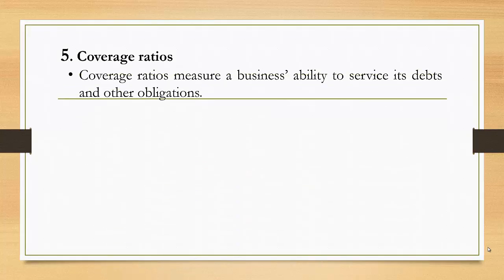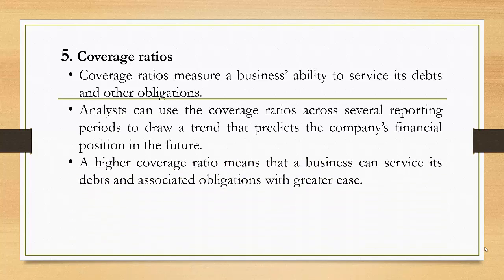Viewers, coverage ratios measure a business's ability to service its debts and other obligations. Analysts can use the coverage ratio across several reporting periods to draw a trend that predicts the company's financial position in the future.